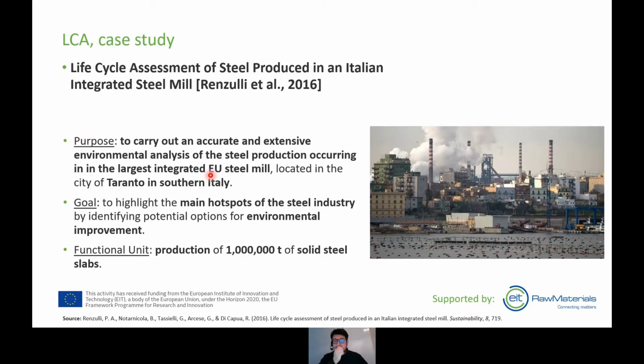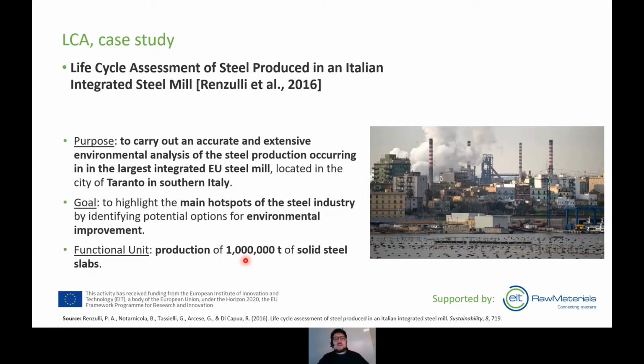So some researchers wanted to make the analysis and see where they could improve something. The goal was to analyze the main hotspots in that industry and identify which parts could improve their environmental performance. The functional unit they took into account was the production of 1 million tons of solid steel slabs, because this is one of the main outputs of the industry.